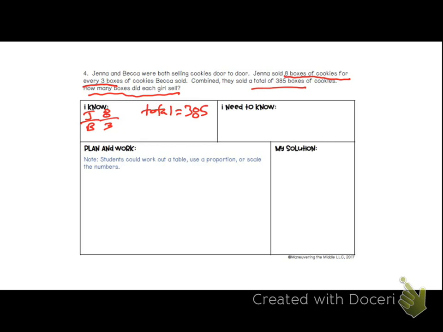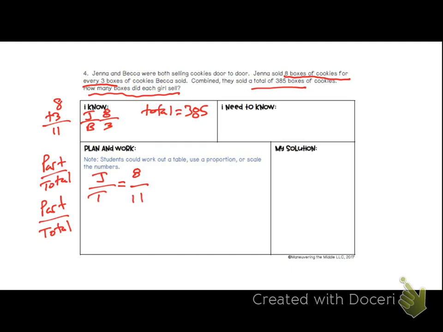So we're now talking about a part to total and a part to total, because we got to do both Jenna and Becca's numbers. So Jenna to total would be 8 boxes, but we're going to use our given ratio, 8 plus 3, which equals 11. That's going to be our total when we just talk about Jenna and Becca.